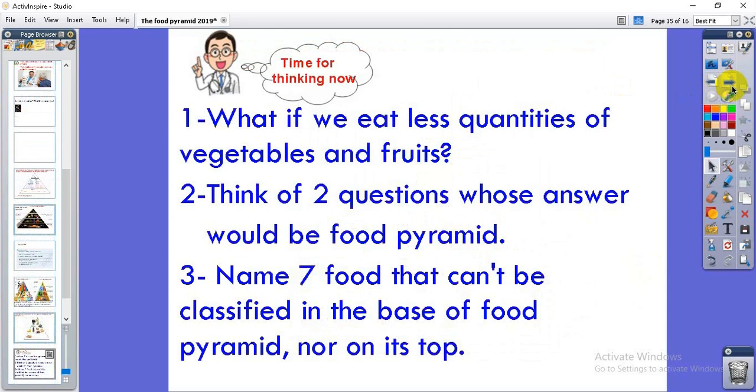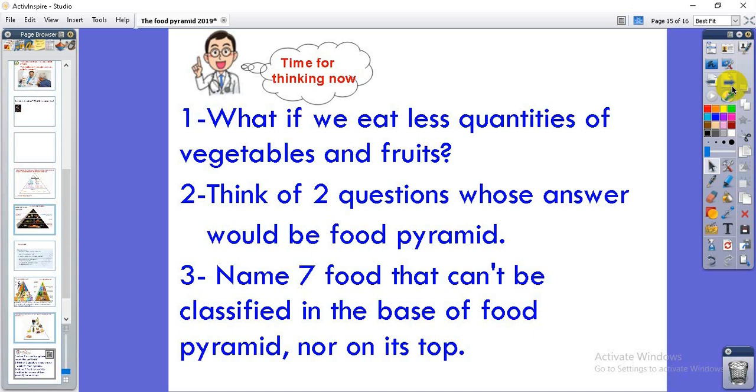Now you have to think a little bit. Put on your thinking hat and come and answer these questions. What if we eat less quantities of vegetables and fruits? This is number 1. Number 2, think of 2 questions whose answer would be food pyramid.